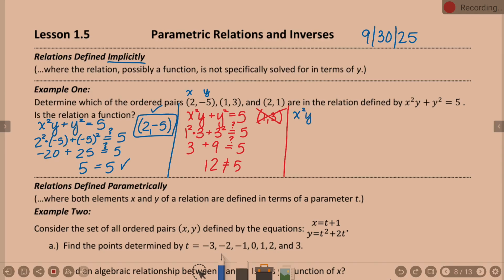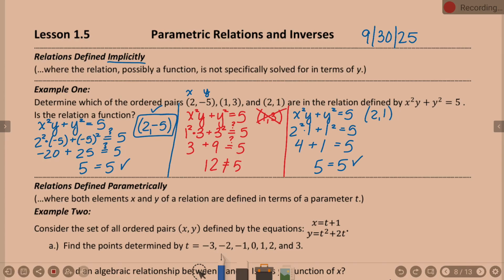x squared y plus y squared equals 5. Plug it in. This time I'm trying (2, 1). So 2 squared times 1 plus 1 squared equals 5. What do we know? 2 squared times 1 plus 1 squared. Does 4 plus 1 equal 5?